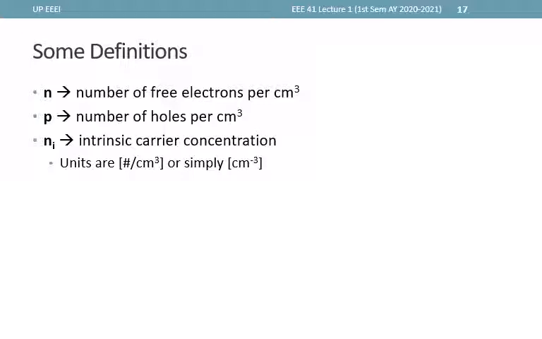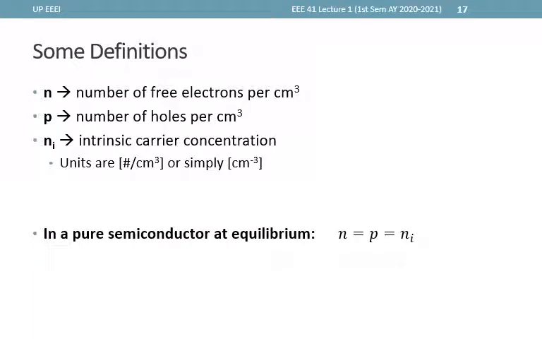So what exactly is this intrinsic carrier concentration? Say we have a pure semiconductor at equilibrium. If we let it be and let the randomness kick in, some electrons will have enough energy to break a covalent bond. At random, some will form new covalent bonds.